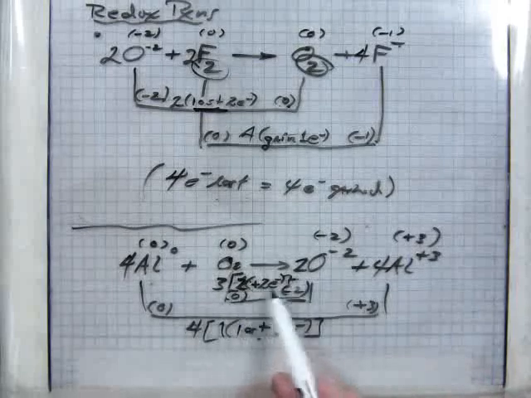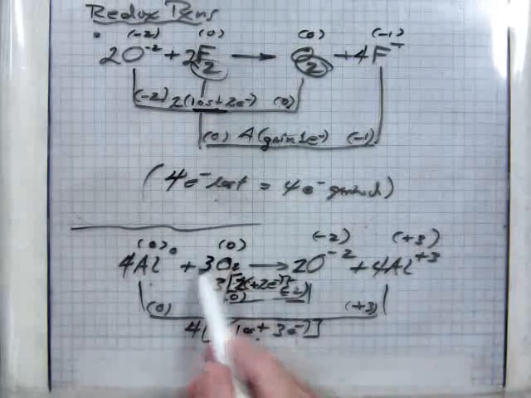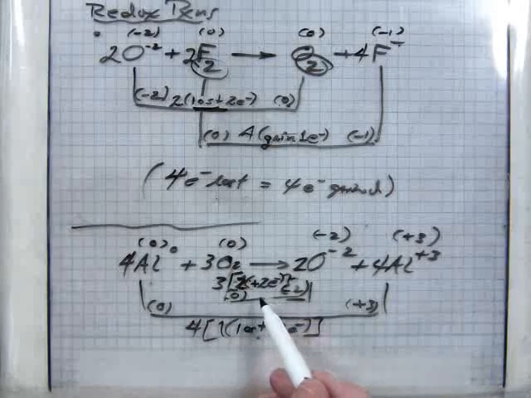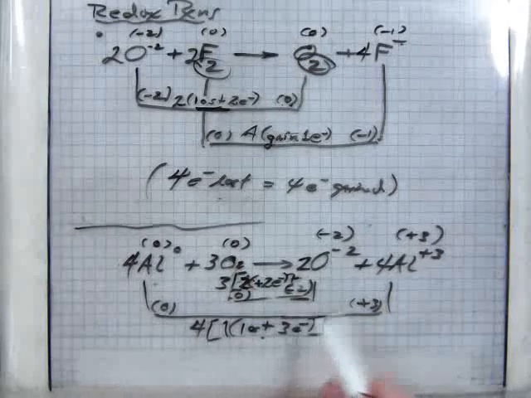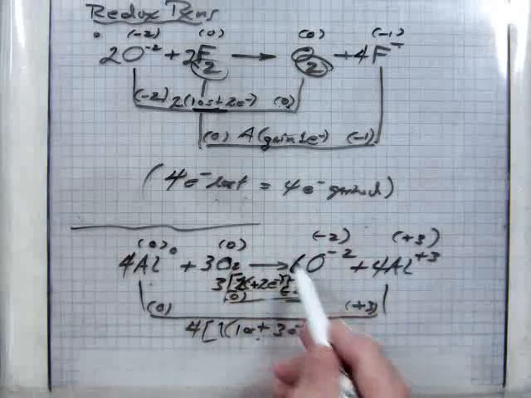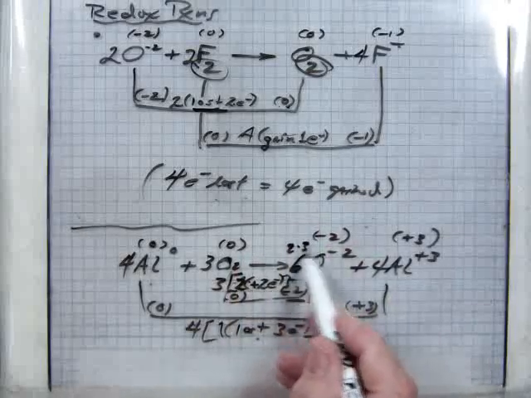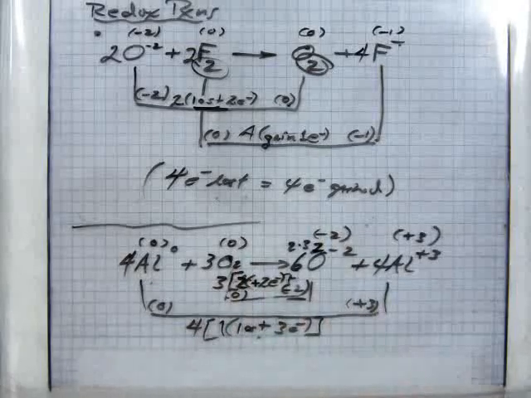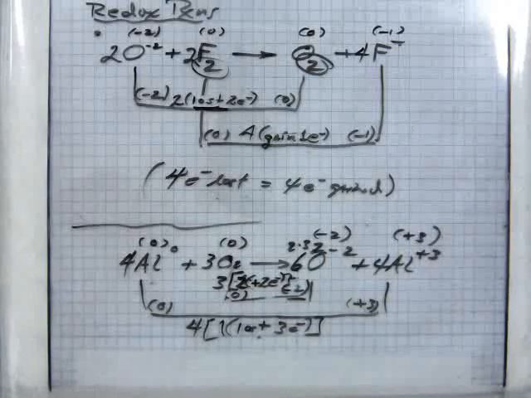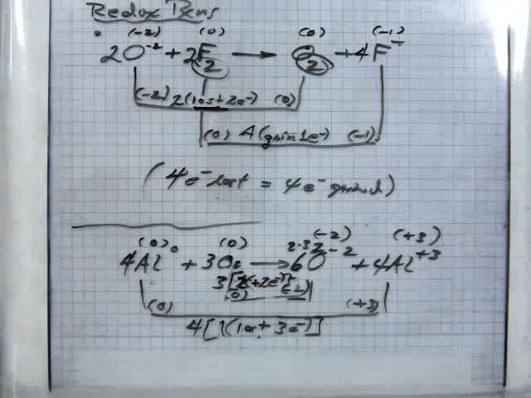Here we have 3 times 4 is 12, so I have 6 oxygens, each gaining 2 electrons. 2 times 6 is 12, and so I have to increase this to 6. 2 times 3 gives you that 6 there now. So you have to think in terms of starting with individual elements and then multiply them up as you go along, based on the subscripts as you are getting.